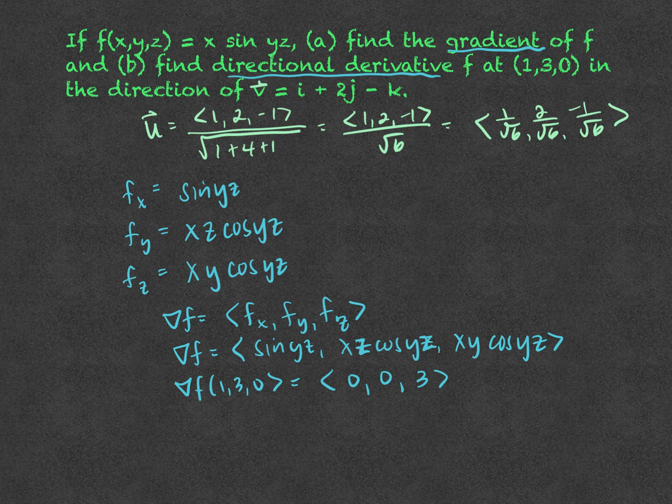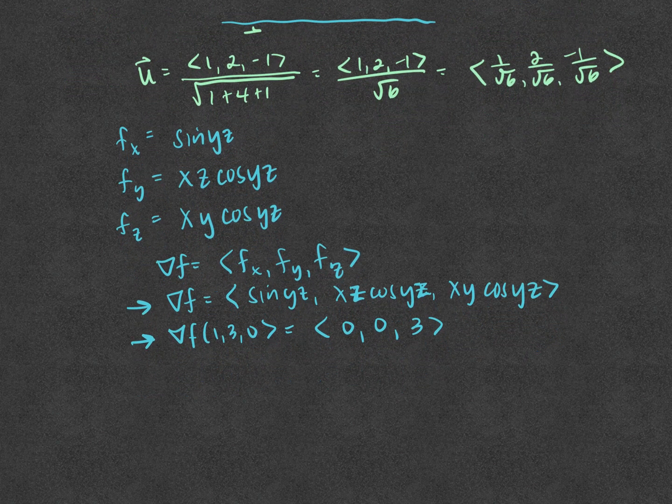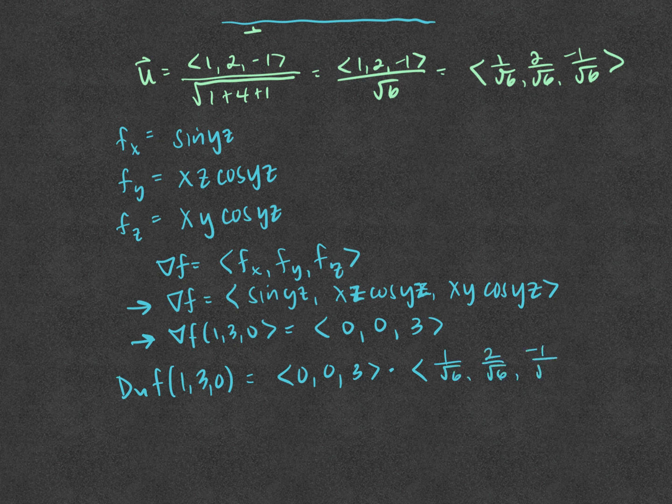This is our general gradient. This is our gradient at that point. And now we're supposed to find it in the direction of v, so we're going to say the directional derivative of f at 1, 3, 0 is equal to the dot product of 0, 0, 3 and 1 over the square root of 6, 2 over the square root of 6, negative 1 over the square root of 6.